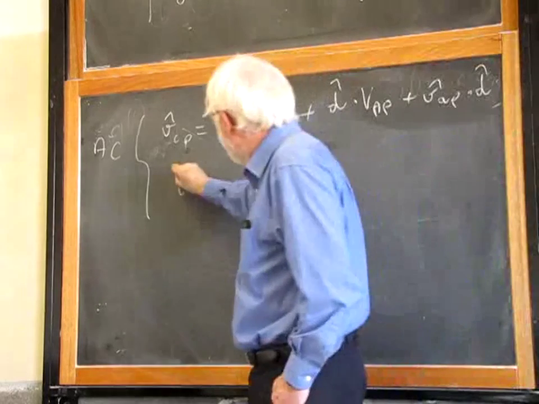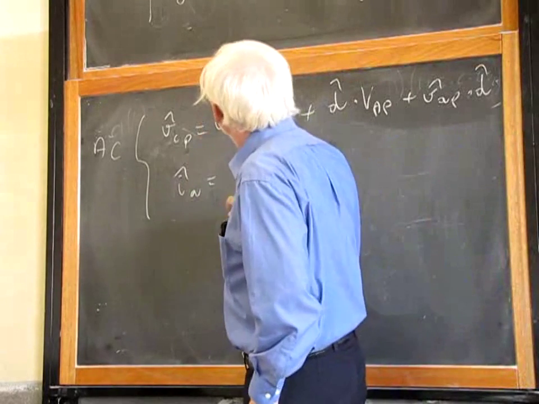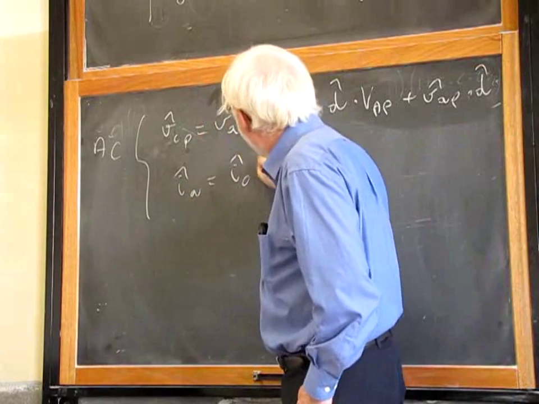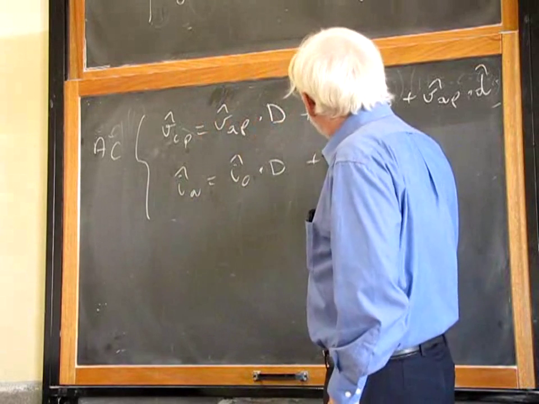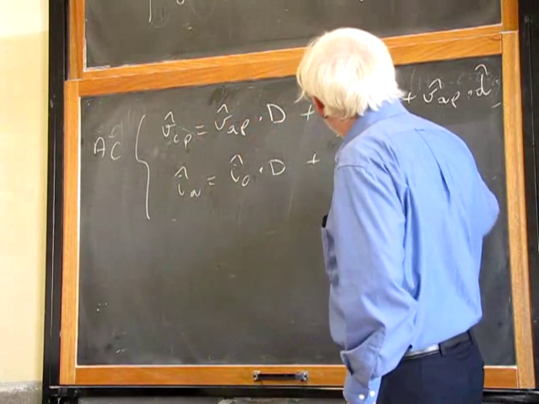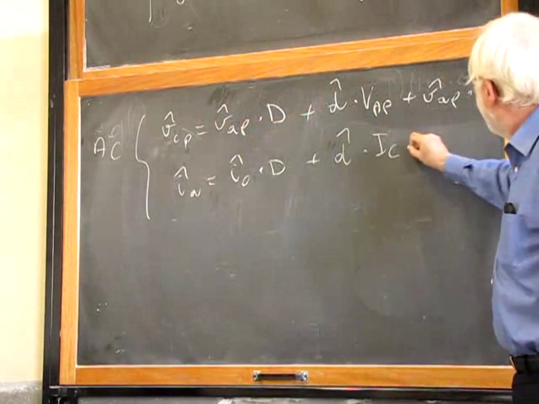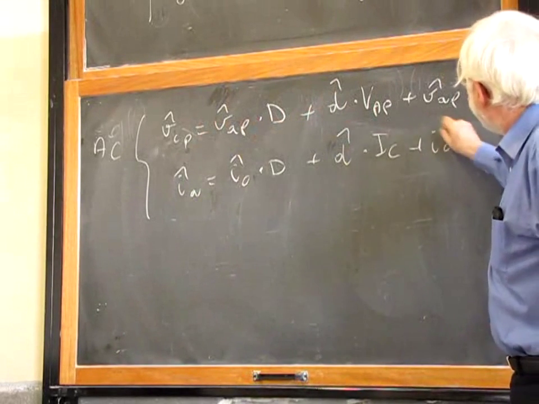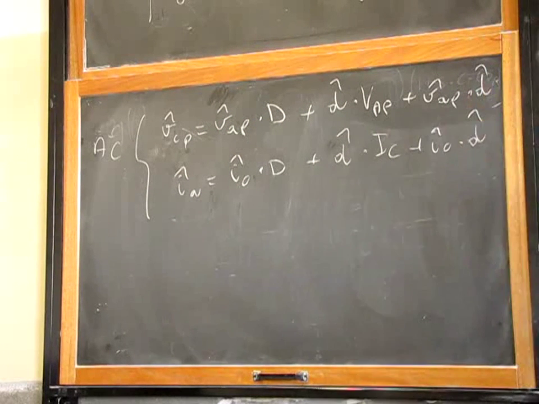And here we have the very same equation, IA hat equals IC hat times big D plus D hat times big IC plus IC hat times D hat. Very difficult algebra. Linear or non-linear set of equations? Non-linear. How can we linearize it? Neglecting the second order terms. We can neglect the second order terms.